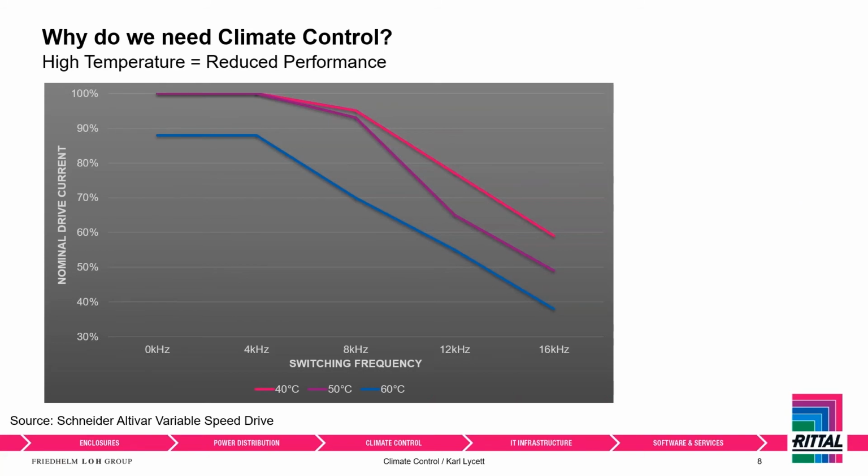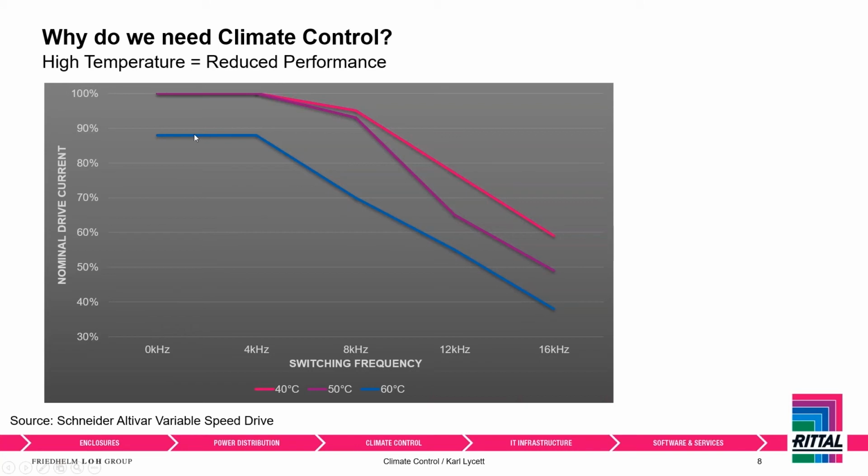Okay, so the first reason we don't want high temperatures is because that equates to reduced performance. This is a performance chart I took from a Schneider drive, no particular reason, just something I found online. As you can see across the bottom, we have the switching frequency, and up the side, we have the drive current. We've got 3 lines on here in different colors, and these colors are the ambient temperatures at which the drive is performing. So this is your internal temperature inside your enclosure.